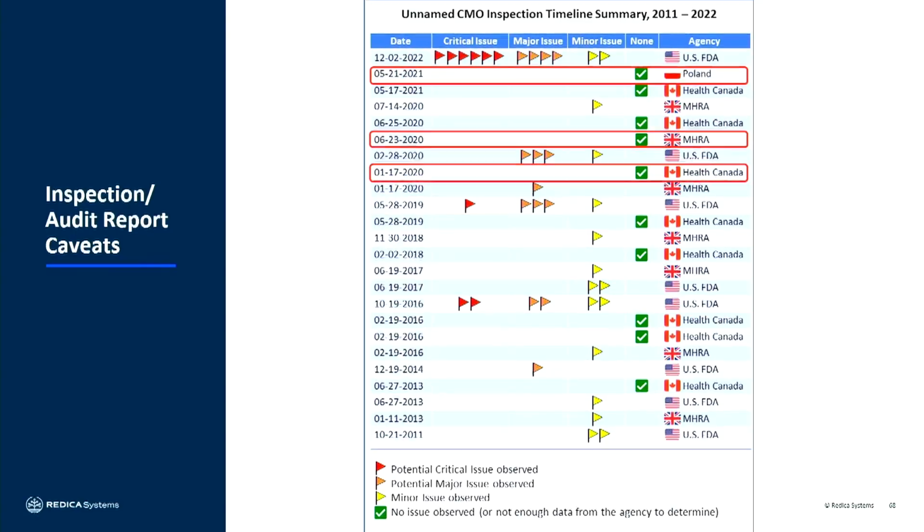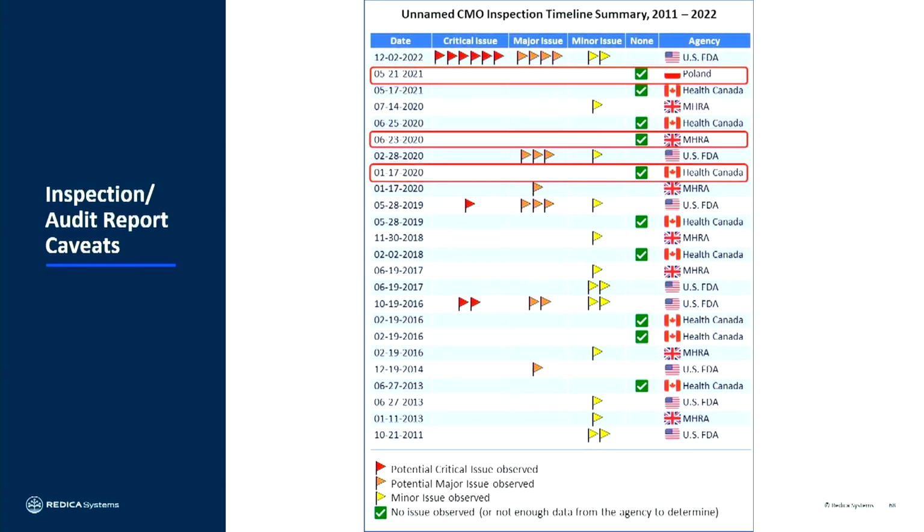So it's important to point out that this green check mark means either that there was no issue observed, so they got a clean bill of health, or it means that we don't have enough data to determine. We know there was an inspection, but we don't necessarily know the outcome. There is not an obvious 483 or whatever that went with that inspection.